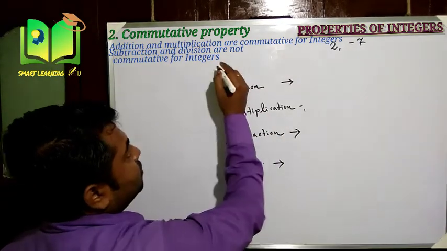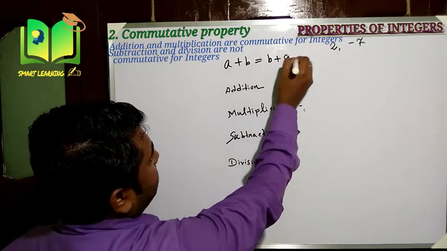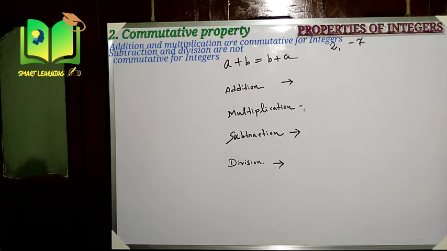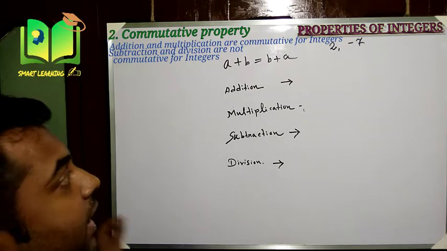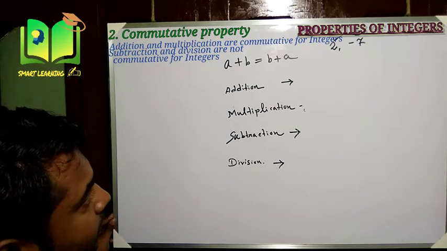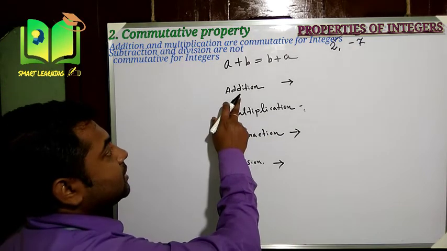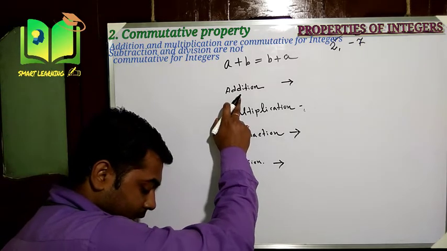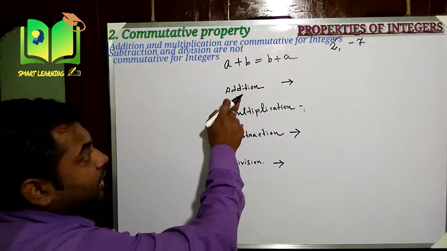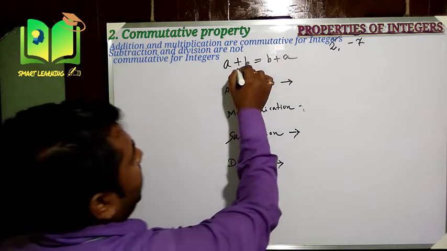Our objective is to show that a plus b equals b plus a. First we will add this one and this one. If it follows, then we can say yes, it is commutative under addition.